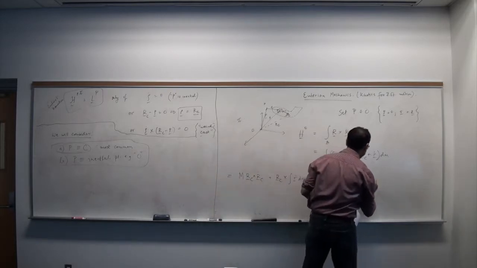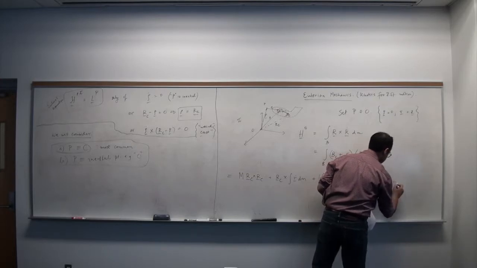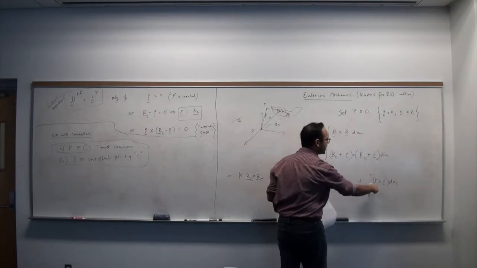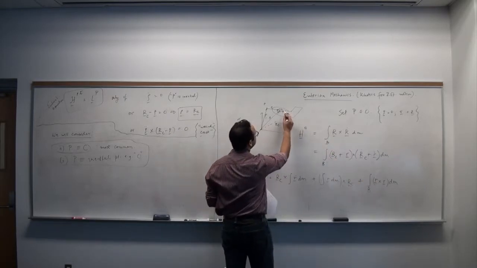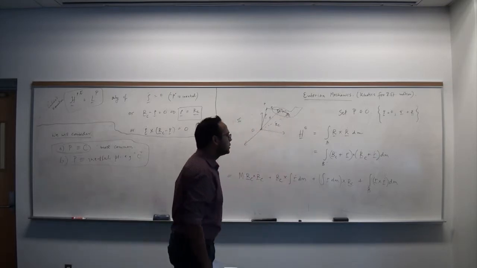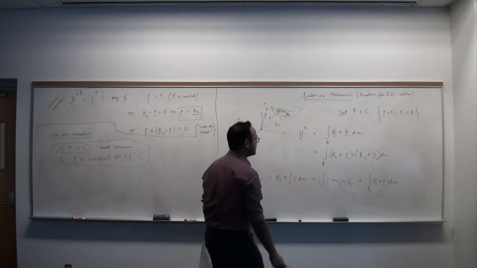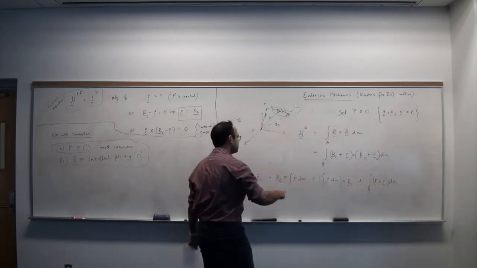And the final term, of course, you can't do much about because the vector r will change as you span over the entire body. It is the location of the elemental mass with respect to the center of mass. So it very much depends on where the elemental mass is located, so as you span over it, we can't pull that out.